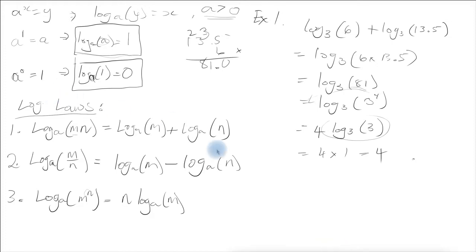Okay, let's do another example. Example 2, simplify the following. Let's suppose we have 2 times log base 4 of 8 minus log base 4 of 4.